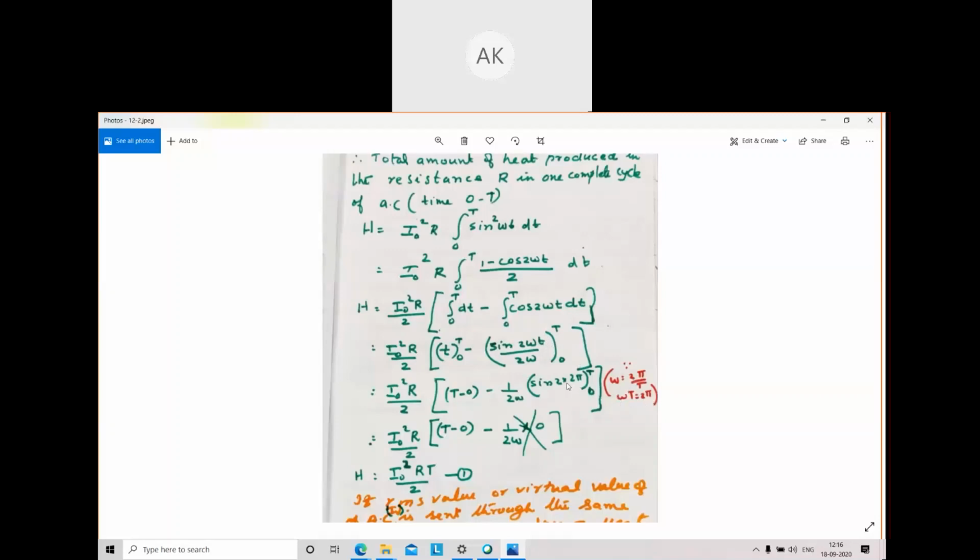So we get sin 2 into 2 pi. What is 2 into 2 pi? 4 pi. What is sin 4 pi? 0. So this term vanishes, because sin 4 pi is 0. So this term you can neglect, and only this term remains.